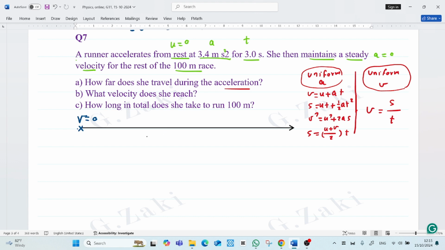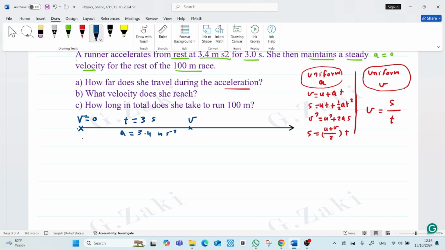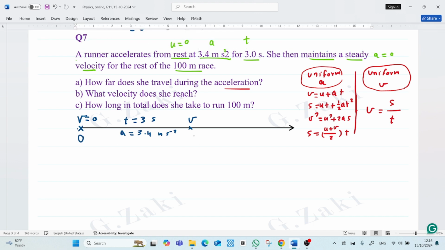The acceleration in this interval is 3.4 meters per second squared, and the time of this is 3 seconds. She gets a velocity. So this is the initial point O, this is A, and finally this is B.